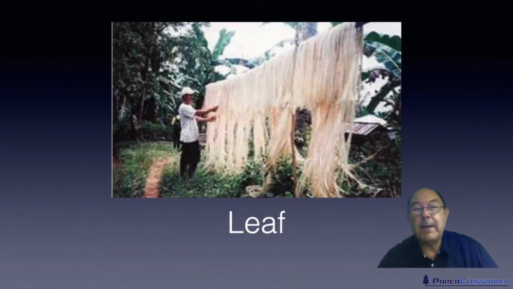Then we also find it in certain leaves. So this here is the abaca plant. Looks very much like a banana plant. And these are the fibres that are extracted from those leaves. These are groups of fibres obviously, but a typical abaca fibre is between 8 and 12 millimetres long, so huge.